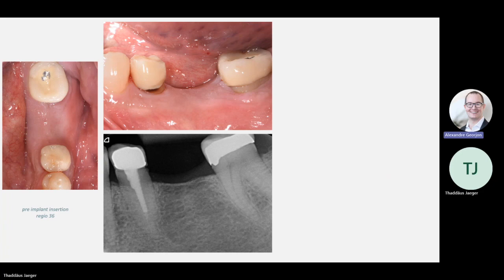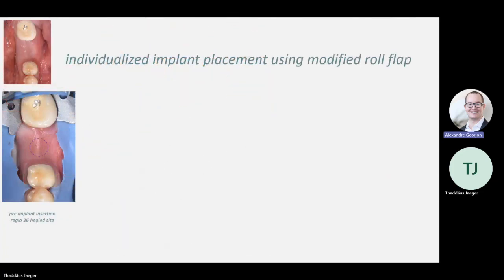So when planning that, you would say, okay, if this is selected for an implant, it's a wide gap, what type of implant would you select? A wide body one, a wide neck one, two small ones doing a two-root solution? What are the options? And here you have just an insight into what is also possible with this type of implant.